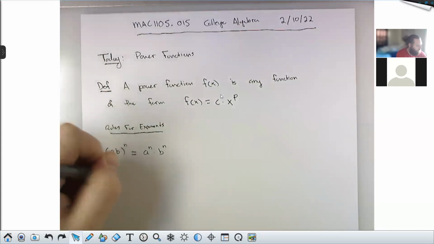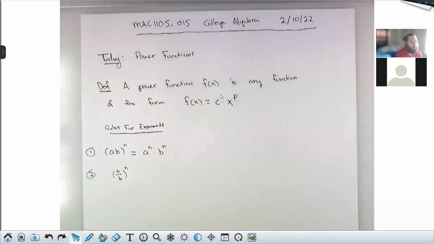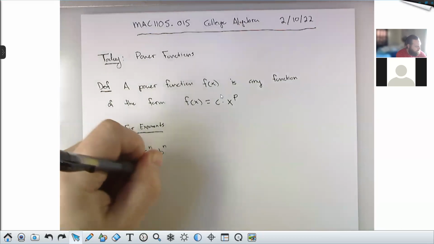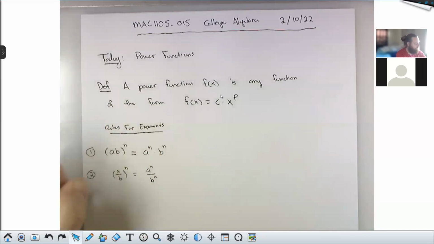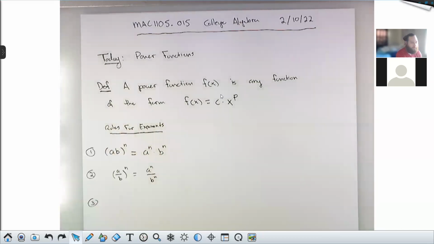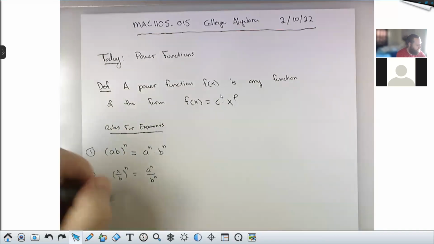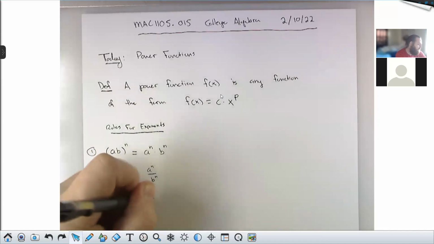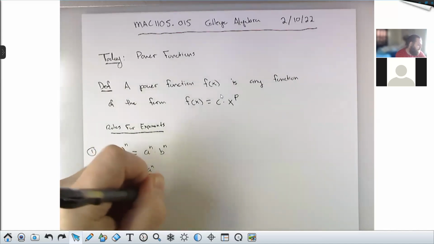If I have a quotient, a fraction, and the whole fraction is being raised to a power, that's the same as raising each to that power and then dividing them. If I have a product with two different powers but the same base, that's the same as that number with those powers added up.